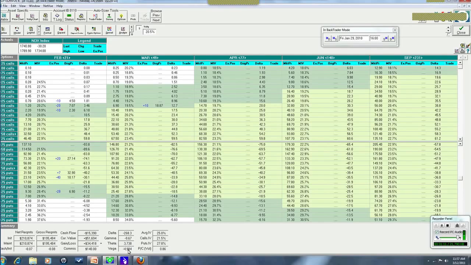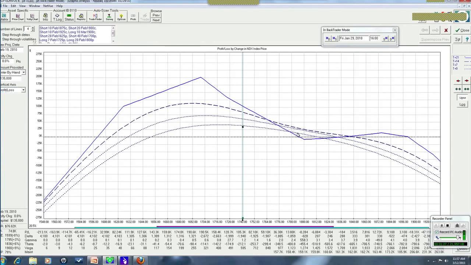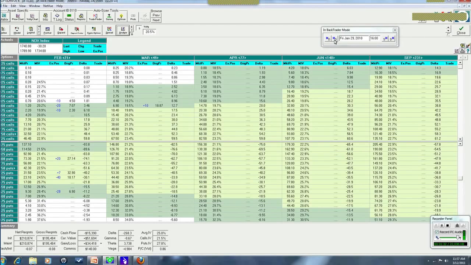It all worked out okay because I was short a bunch of delta going into this big drop. So all the way down, I was short the market, but I lost on vega. The vega only went up 1 point, but I made 37 in theta, so I only lost 1,900 or 1,800 on volatility.